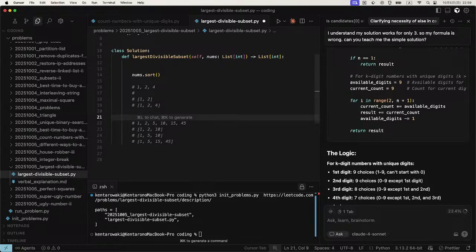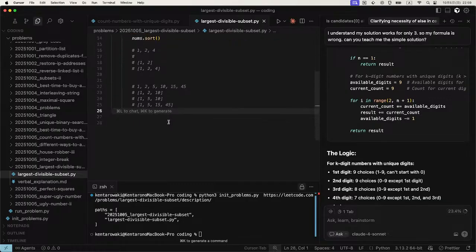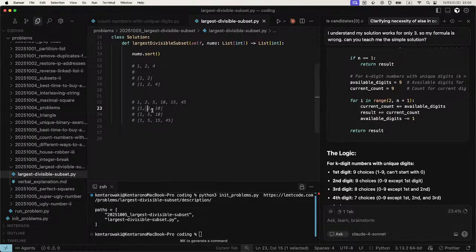So it's a linear process, and for each loop we have to check the largest number and its size.